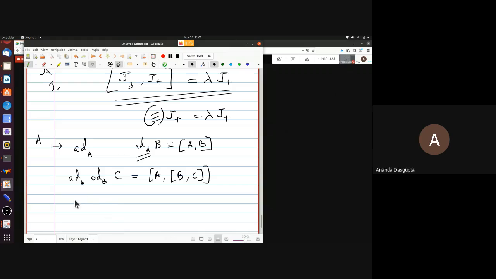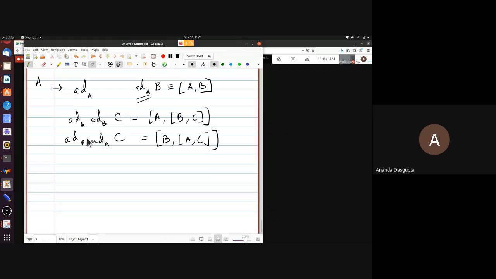That's actually B comma A comma C. Now, since these are operators acting on C, you can easily define the commutator of these two operators by saying that ad A, ad B, what is the commutator? By definition, it's ad A ad B minus ad B ad A, right? So ad A commutator ad B acting on C is simply the difference of these two terms.